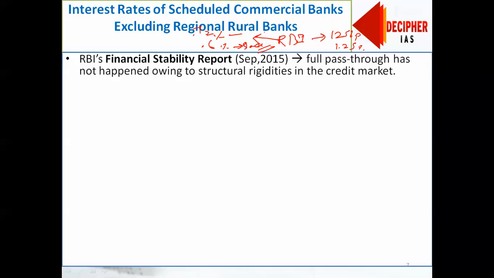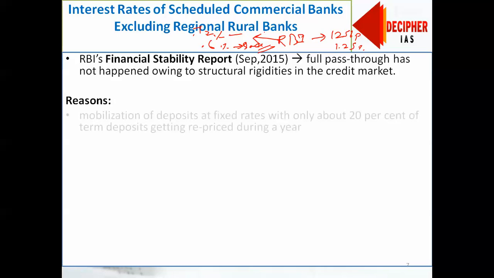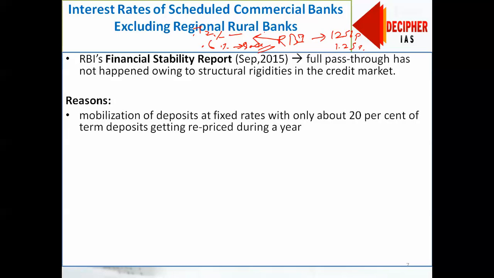Now, what are the key reasons for these structural rigidities? First of all is mobilization of deposits at fixed rates, with only 20% of term deposits getting repriced during the year. See, banks give you fixed deposits or RD at a fixed rate. Okay, after this much time or after 5 years you will get this much money, but banks don't see how much money they are earning from lending.